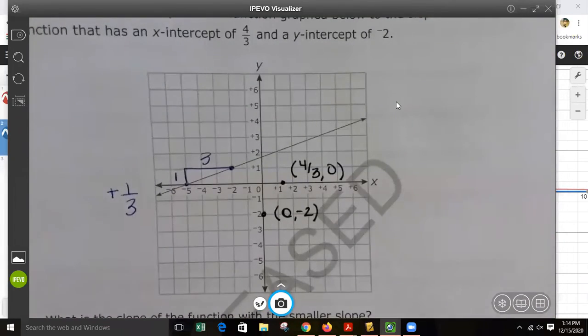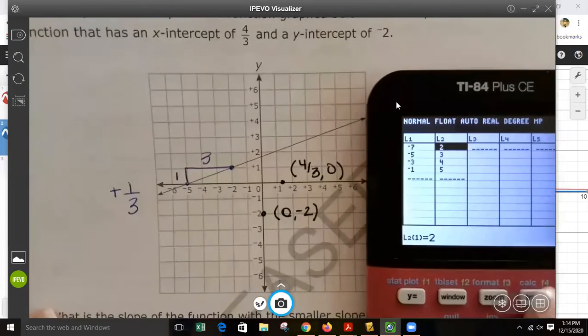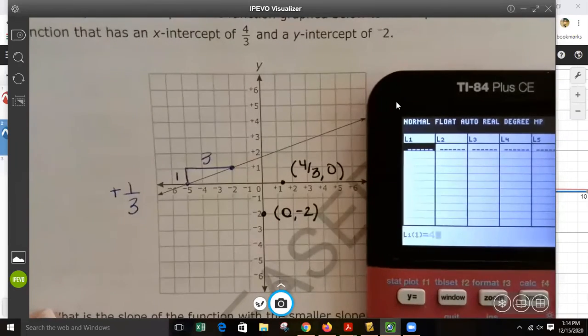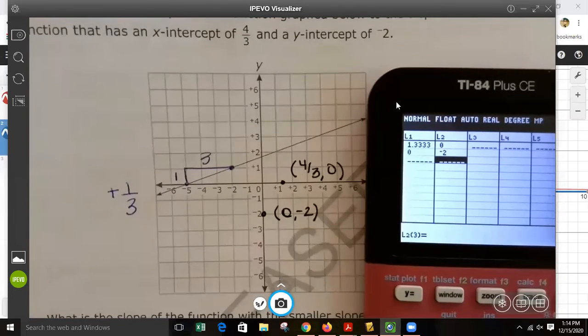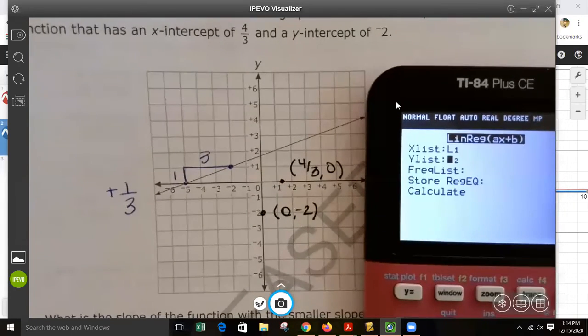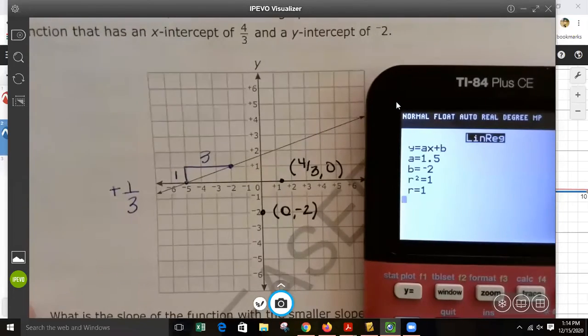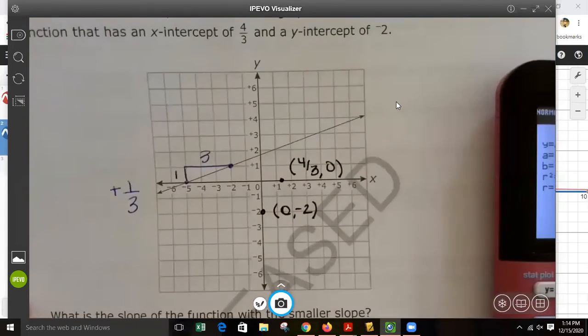And then I can put those into my stat if I need to. So in here, now I don't have to do the work. I have 4/3 as an x, 0 is an x, 0 is the y, and -2 is the y. And then I do stat calc linear regression. And my slope is 1.5.